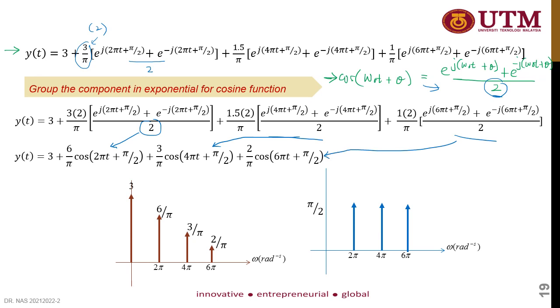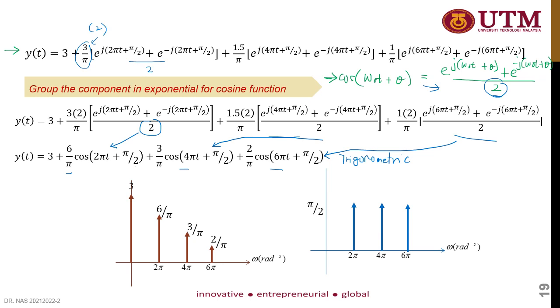So 6 over pi, this is whatever is inside the bracket, for the second component and the third component. So you already have the trigonometric equation. Lastly, you can sketch the single-sided spectrum from the trigonometric equation.